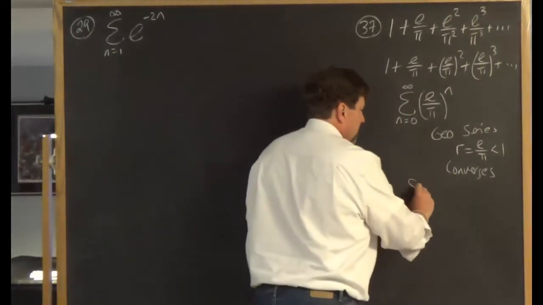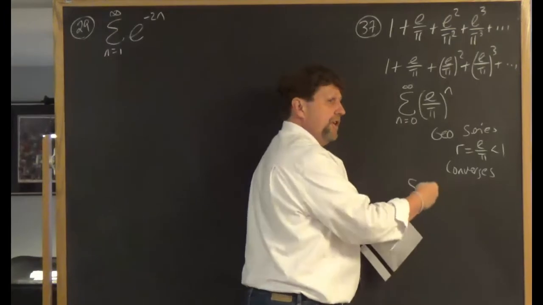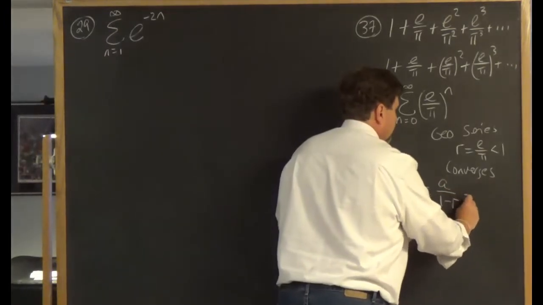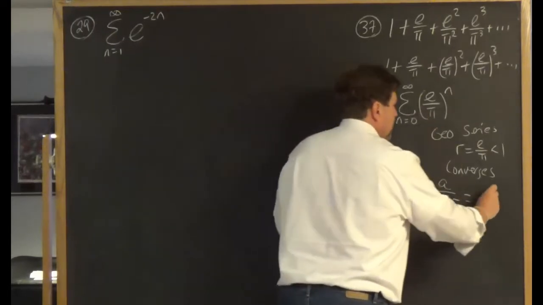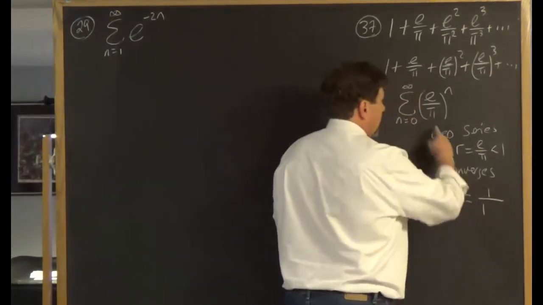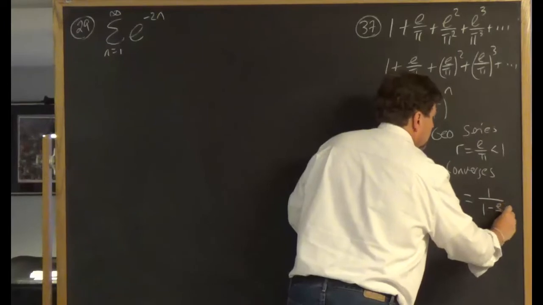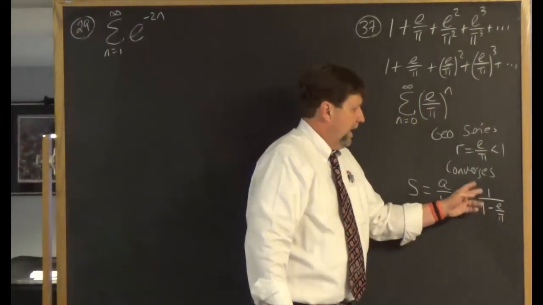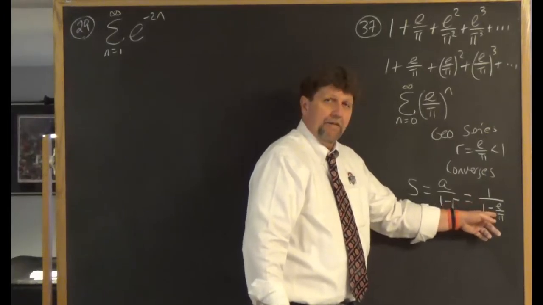Then moreover, I could find the sum. I know the sum for a convergent geometric series is a over 1 minus r. A is 1. R is e over pi. And folks, I don't like the way this looks. I have a fraction, and in the denominator I have a fraction.